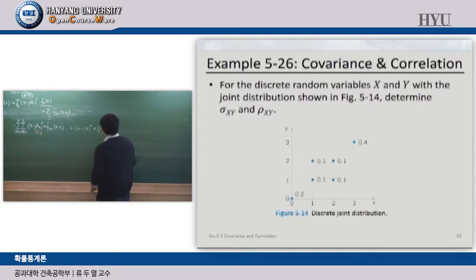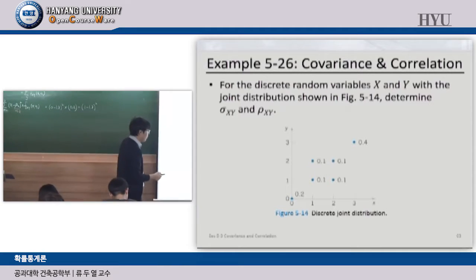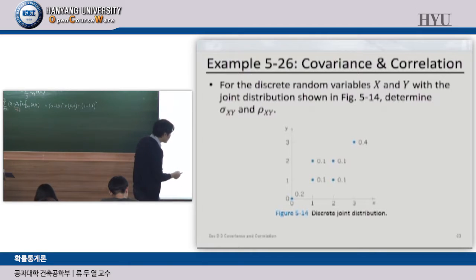Okay? Plus, when x is equal to 1, we have two different joint probability mass functions of 0.1 and 0.1 according to the y, right?